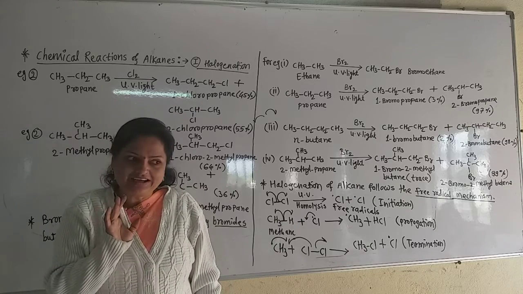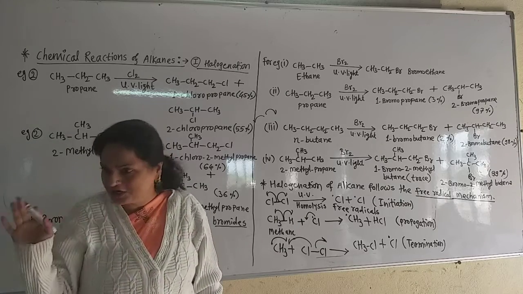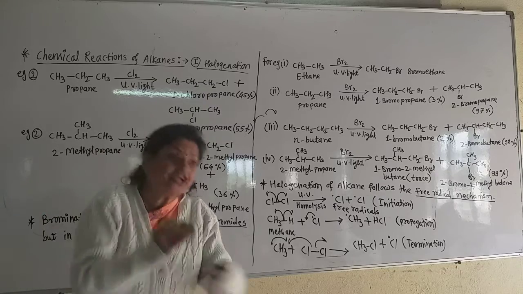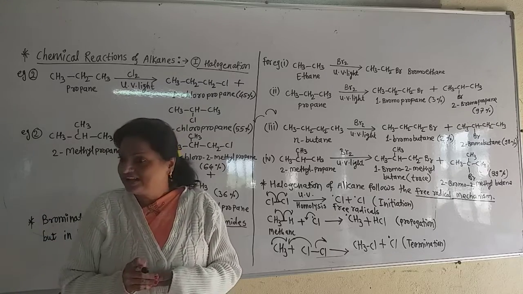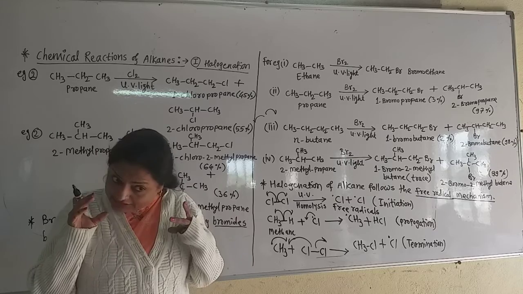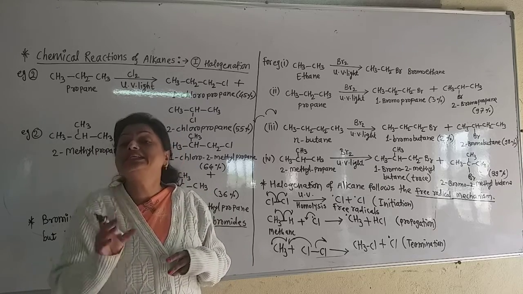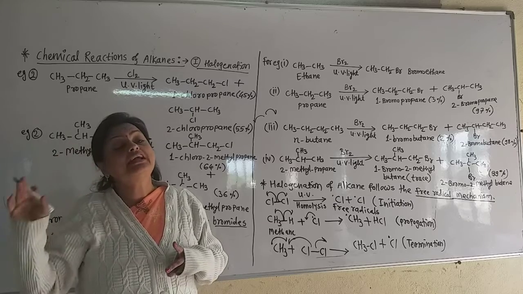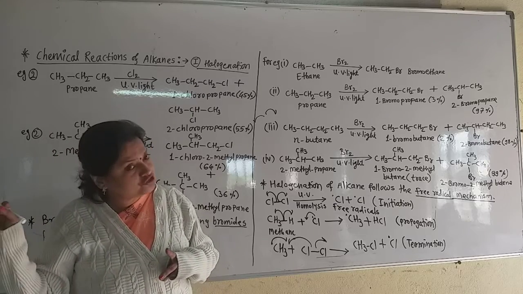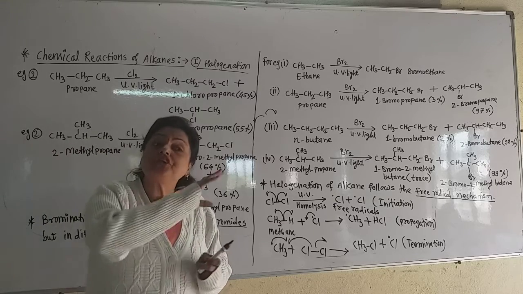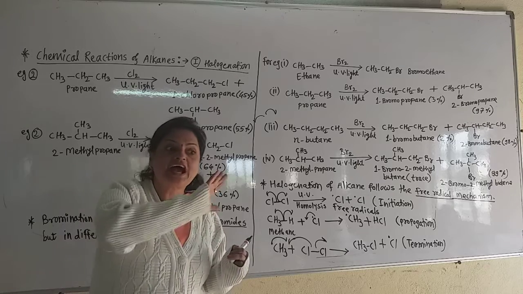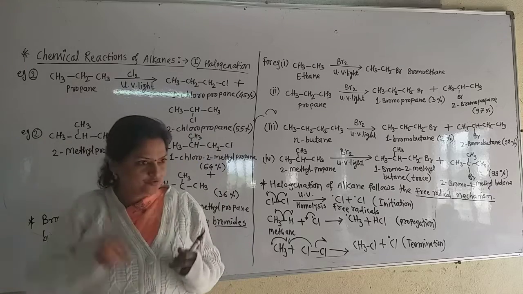They do not stay for a long time in the reaction; they immediately react with others. Thus the homolytic fission or free radical mechanism is a very reactive mechanism, and in a very short time a large number of reactant molecules are converted into product molecules.